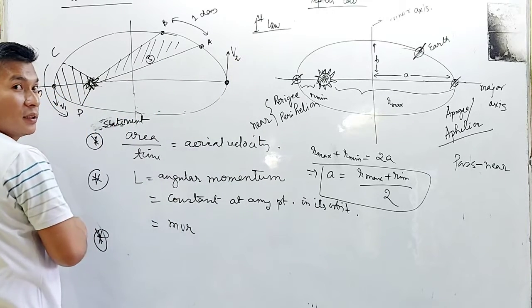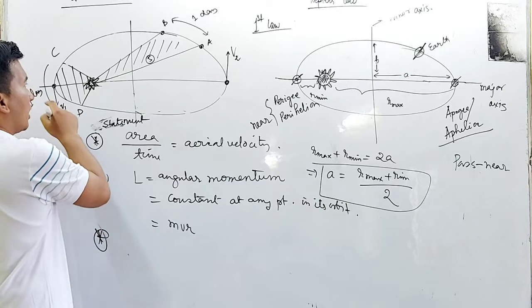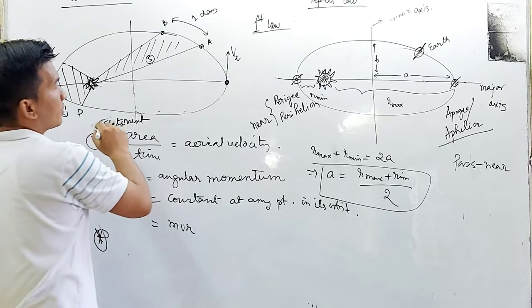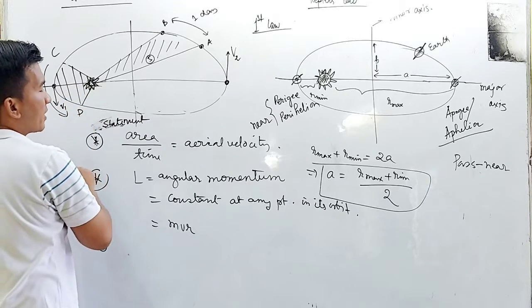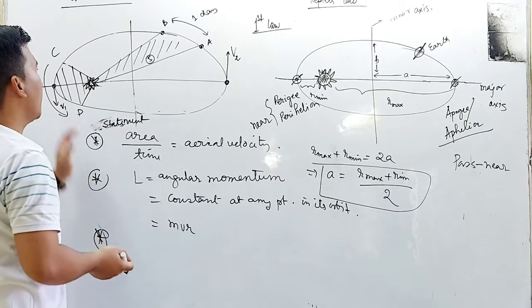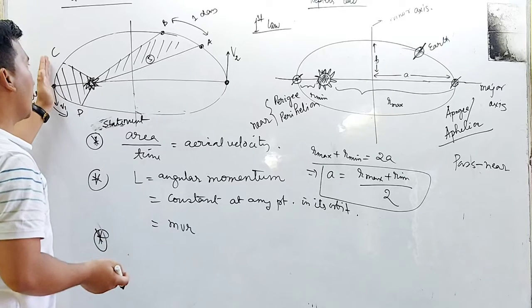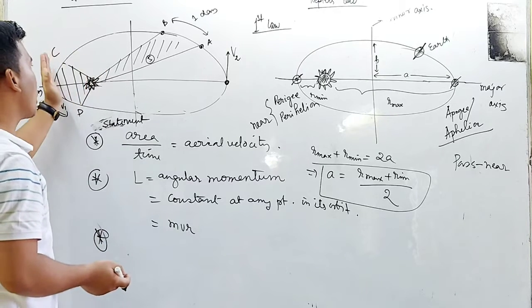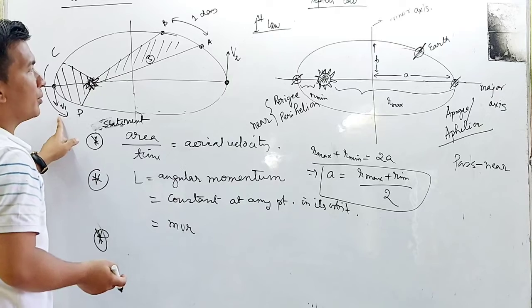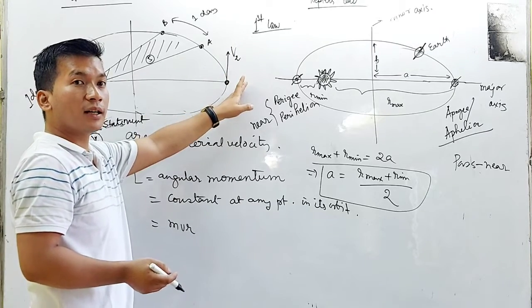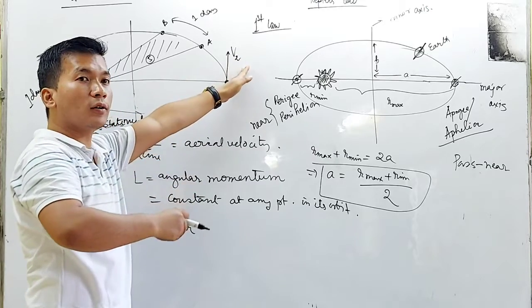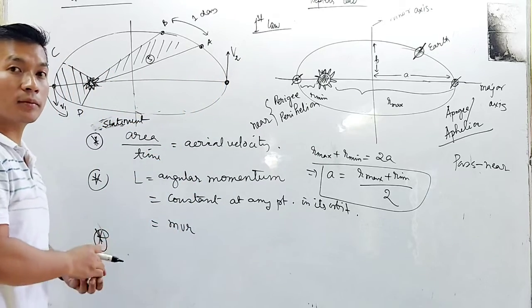V1 represents the velocity of the planet at the nearest position, and V2 the velocity at the farthest position.